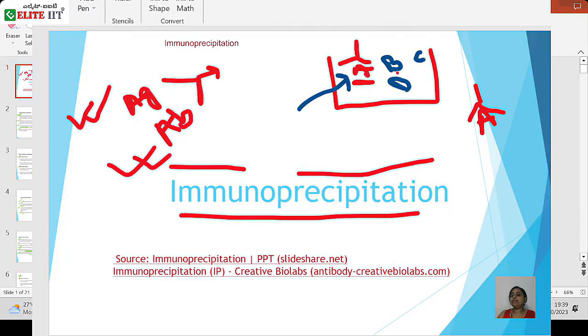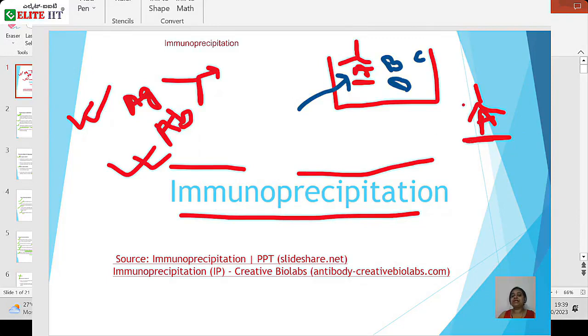If A, B, and C are multiple antigens present and we need only antigen A, in order to purify, separate or identify it, you can precipitate that antigen by adding antibodies against it. That is the main thing in the immunoprecipitation process.